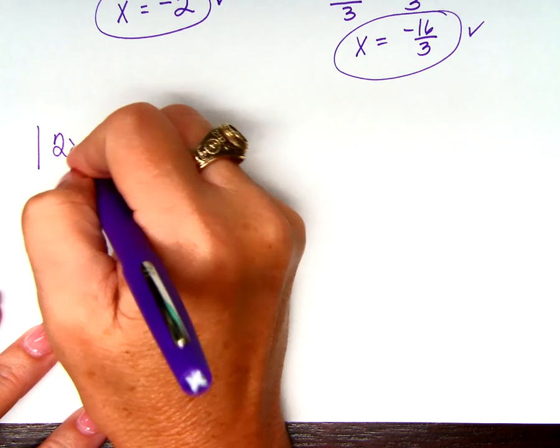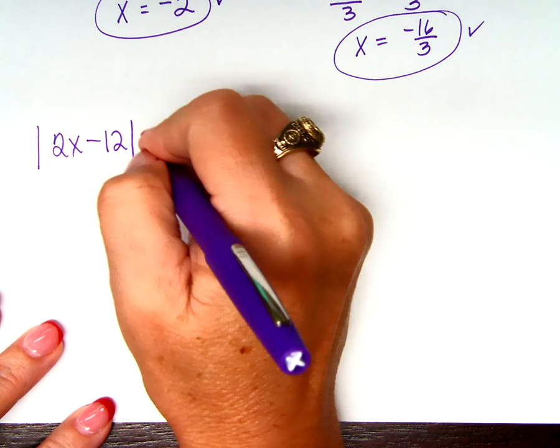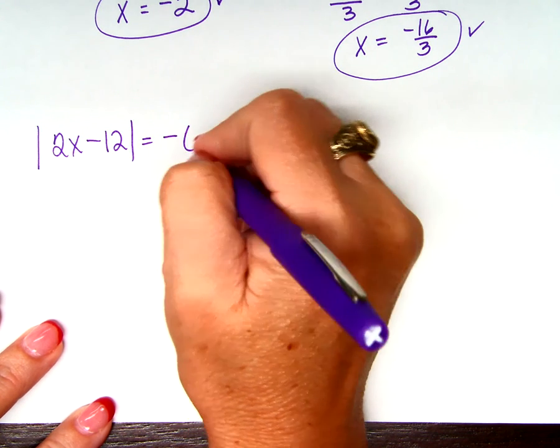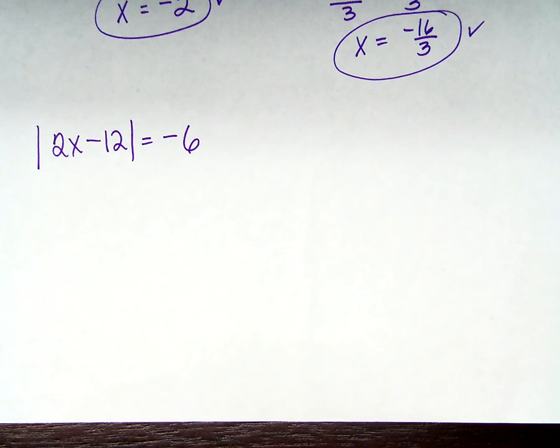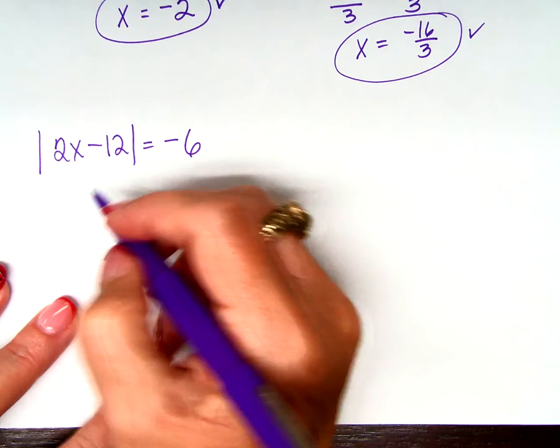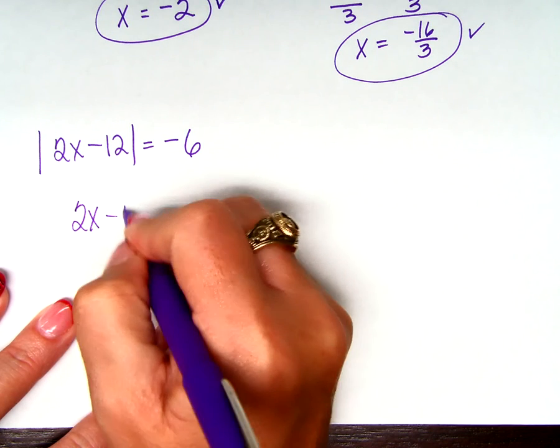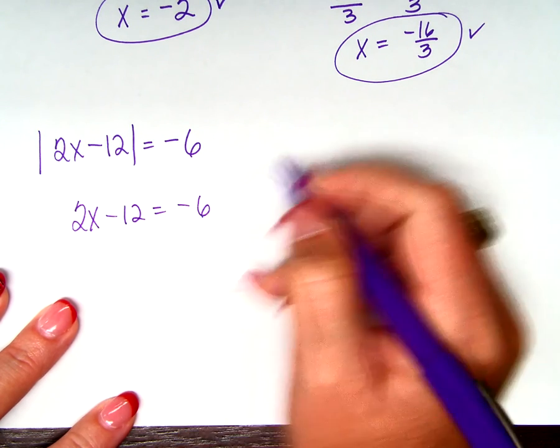Absolute value of 2x minus 12 equals negative 6. Is the absolute value isolated? Yes. What do I do next? Write two equations. Is that what you want to do? Okay, we can do that. 2x minus 12 equals negative 6.